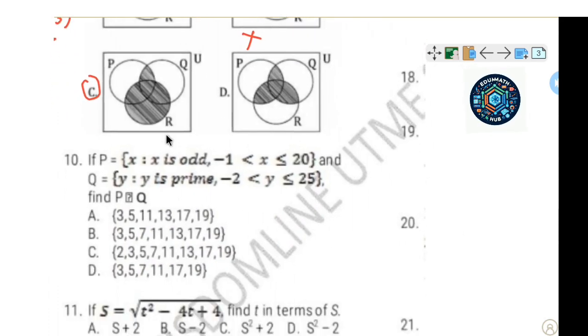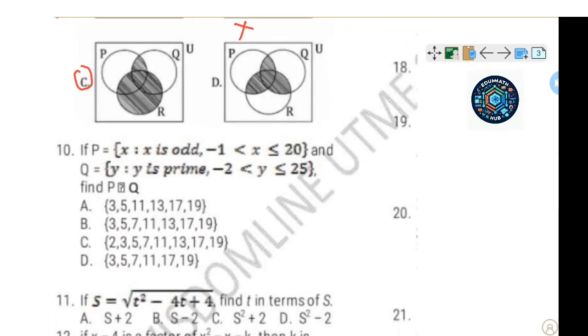Question 10. In this question 10, we are told that P is the set of x such that x is odd. Now x is an odd number and -1 is less than x, less than or equal to 20. Since -1 is less than x, that means x is bigger than -1. So the first value for P will start from 0 and so on.